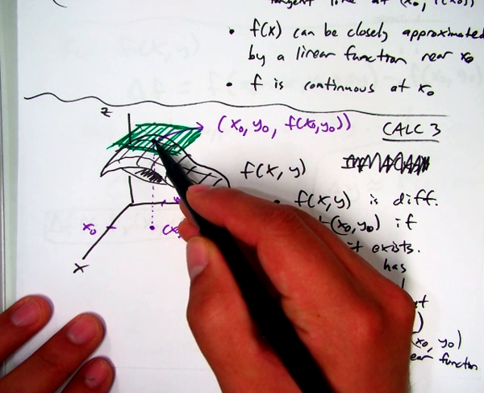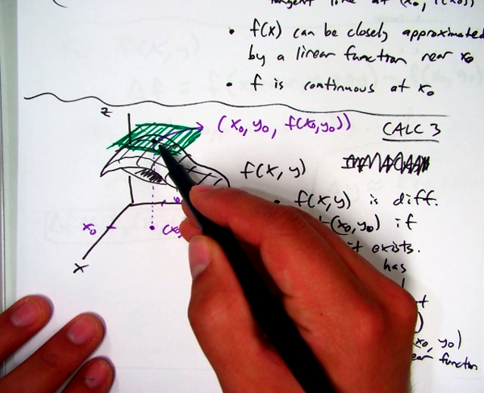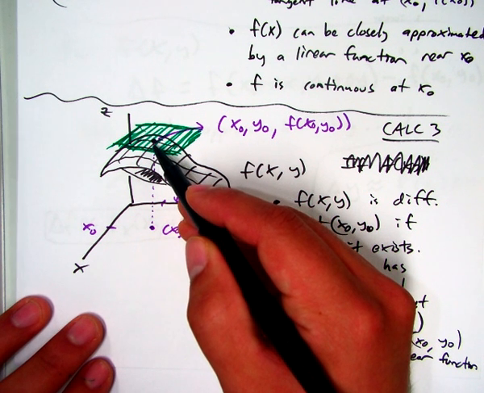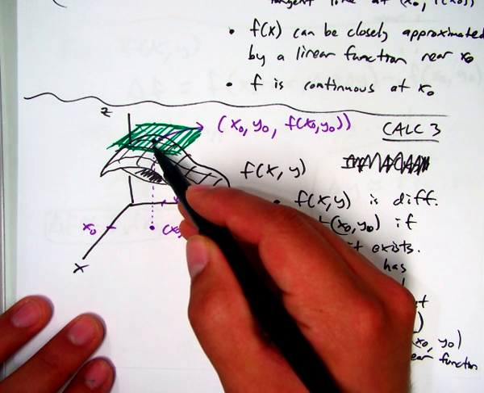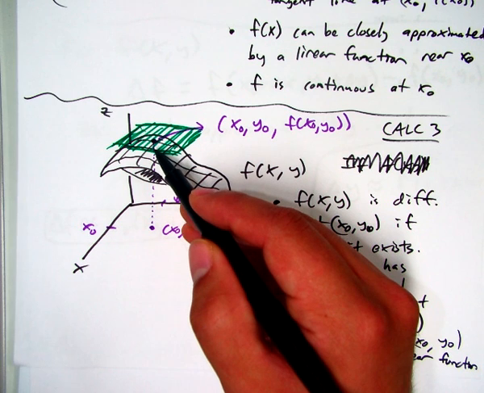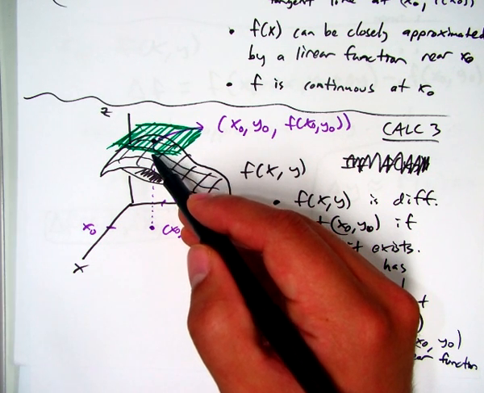So there's our delta x right here. Here's our delta y. This change is going to change the height of the function. It might be down or might be up a little bit. Does that make sense? But then this other change that I'm going to do, the change in y, is also going to change the height of the function. Does that make sense? So when you add them and combine them, that'll be like the net change in the overall height, which is z. Okay?